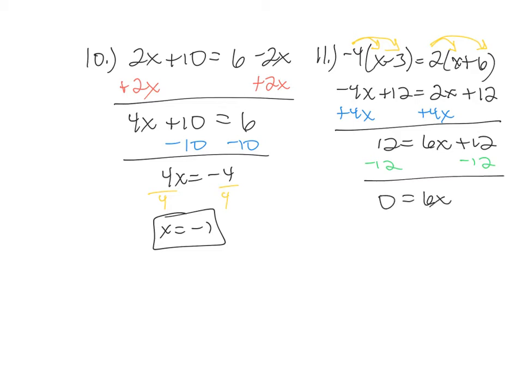Now, some people think because we have a 0 there that means something's wrong or should be no solution, something like that. A 0 in the problem is okay. What's 0 divided by 6? 0. So 0 is the answer. That just means if I plug in 0, I'm going to get the problem right. Okay, 0 is an acceptable answer.